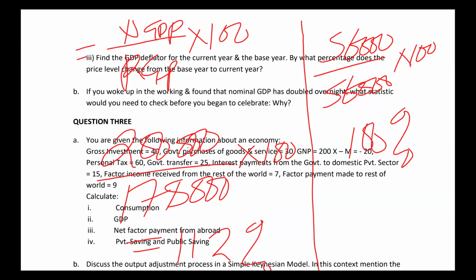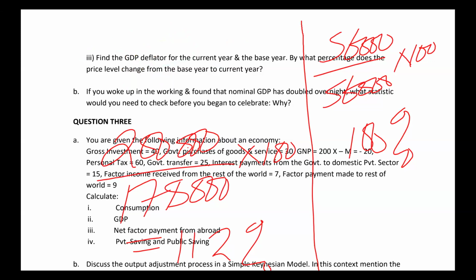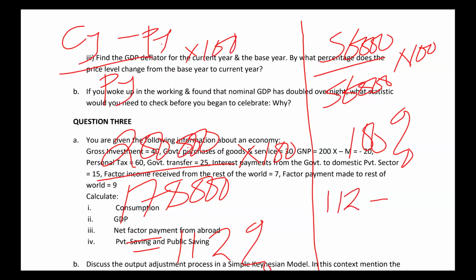Question: by what percentage does the price level change from base year to current year? So you use the same formula. The current year minus the previous year divided by the previous year times 100. So the current year was how much? 112, that was the GDP deflator, minus the 100, divided by 100, times 100.